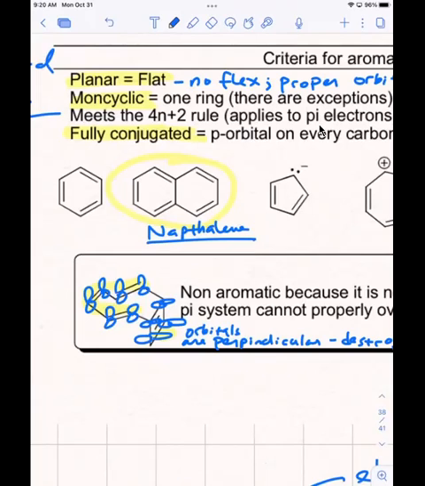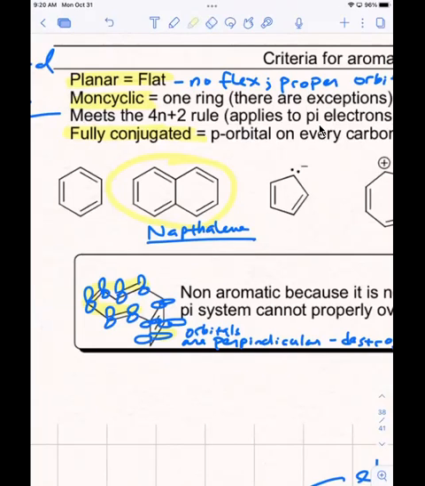Now it's a different compound, but it's still an aromatic. But naphthalene itself is considered aromatic, even though it is not monocyclic. The other part of this is the 4n+2 rule. So these four things together help us to identify what's aromatic and what's not.